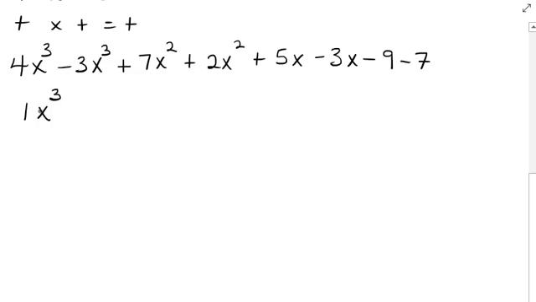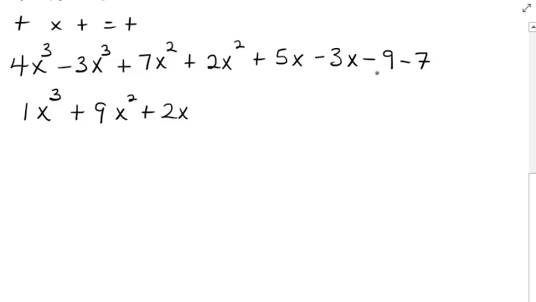So we just put the variable by the side of whatever we get from subtracting the coefficients, which are the 4 and the minus 3. And then plus 7 plus 2 will be plus 9, so plus 9x squared. And plus 5 minus 3 will be plus 2x.